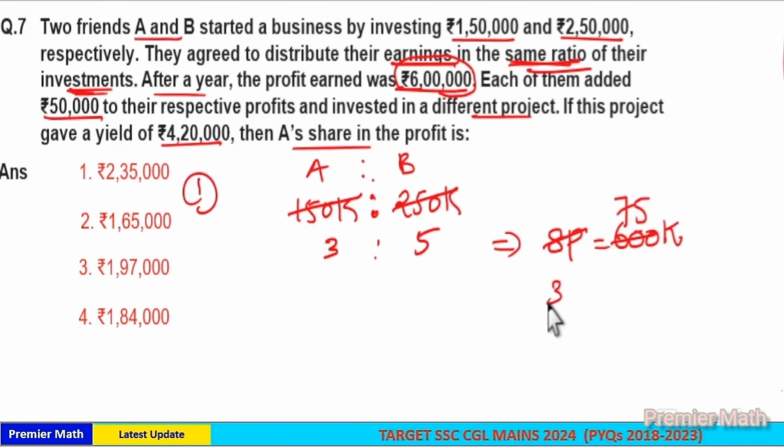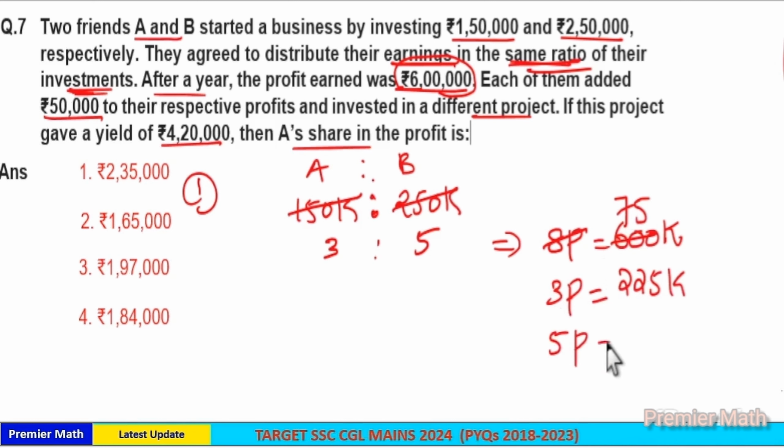Then 3 part is equal to 3 into 75. 75 into 3 is equal to 225. So 225,000. Then 5 part is equal to 75 into 5. 70 into 5 is 350, 5 into 5, 25. So 350 plus 25, 375,000.